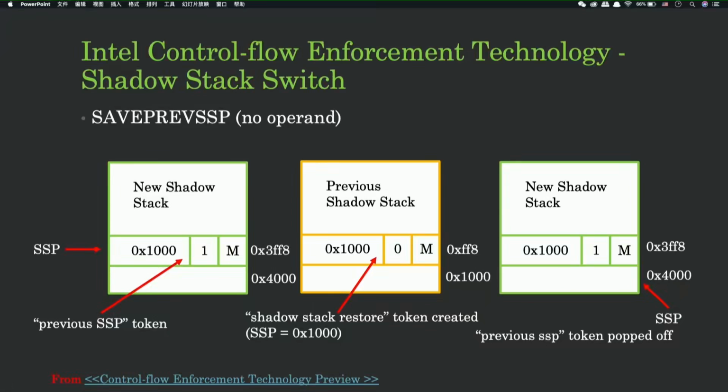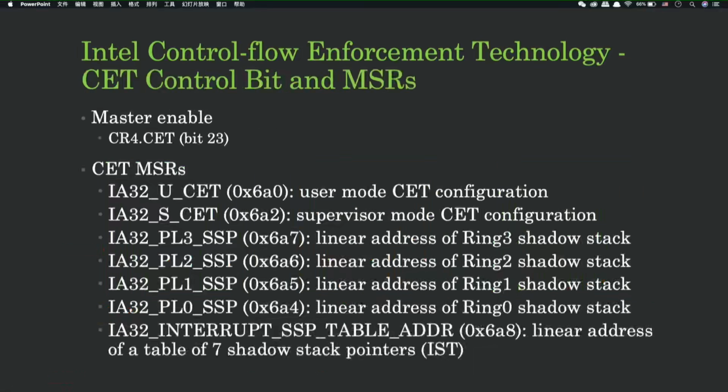So now we put the previous shadow stack token to it, and after that is done, we pop the SSP. Now SSP points to the new shadow stack top of it, so that can be used. Now this will be able to be used for the new shadow stack. So that is how the switch happens.